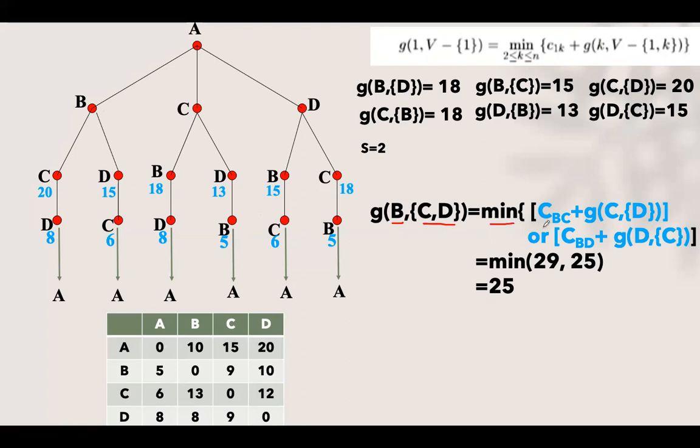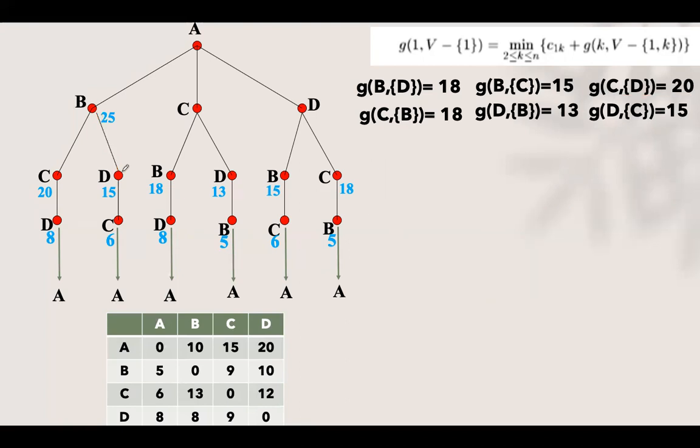So minimum of cost of B to C plus this previous calculation, G of C to D, or cost of B to D plus G of D to C. So that is minimum of 29 or 25. So minimum is 25. That is, from B we are going to pick this path, whose cost is 25.